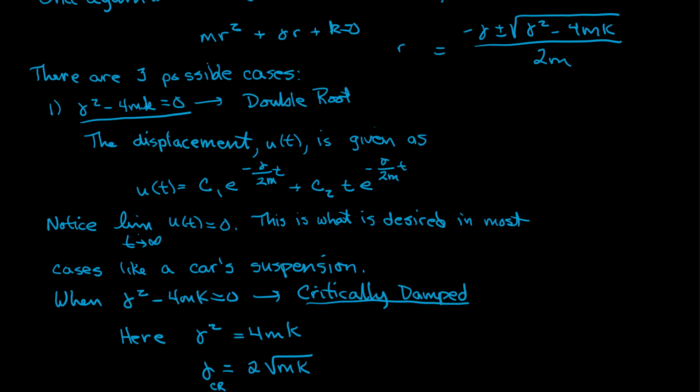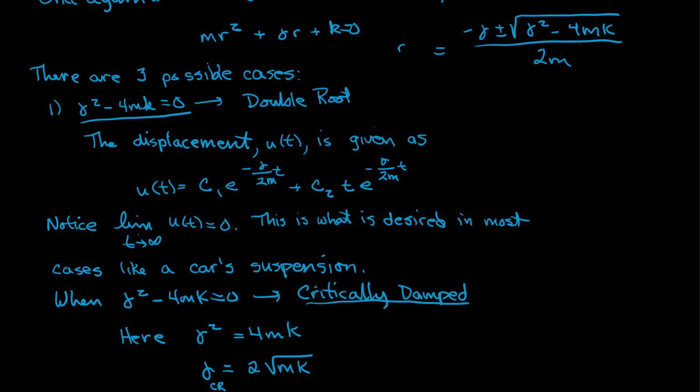Okay, there are three possible outcomes here. The first of these is that gamma squared minus 4mk equals 0. In other words, the discriminant, the stuff inside of this square root, is 0. It gives us then negative gamma plus or minus 0 over 2m, or just negative gamma over 2m, as our root.